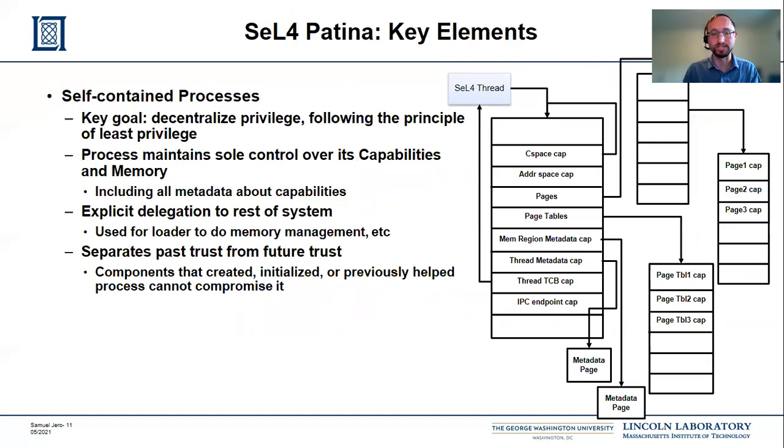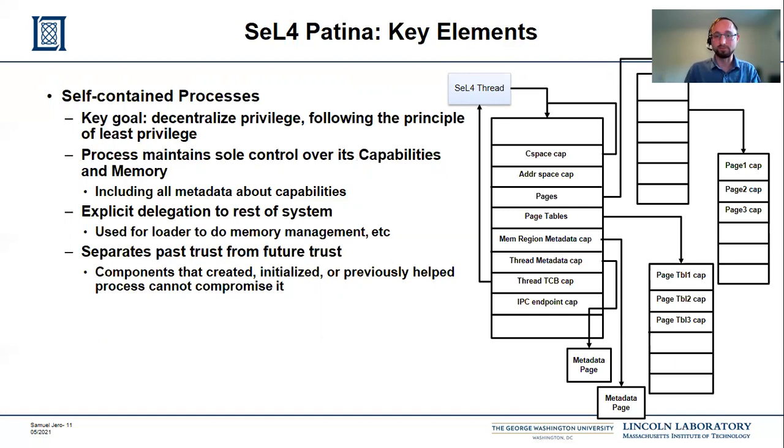And the way that works is that self-contained processes, which are all the processes in this implementation, maintain sole control over their capabilities and memory, including all metadata about those capabilities and memory. And this is in sharp contrast to most existing systems where, for instance, you'll have memory management code that handles memory management for all processes in the system, and it's going to maintain data structures about each one of those processes that memory management code owns.